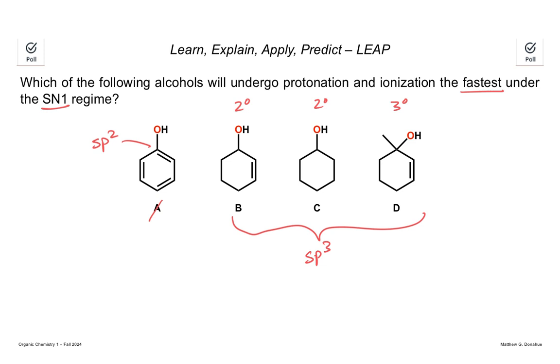So when it says ionize the fastest, that OH2 is going to leave and form the most stable carbocation. So which one of those now do you think will win? So D. So D's the winner.